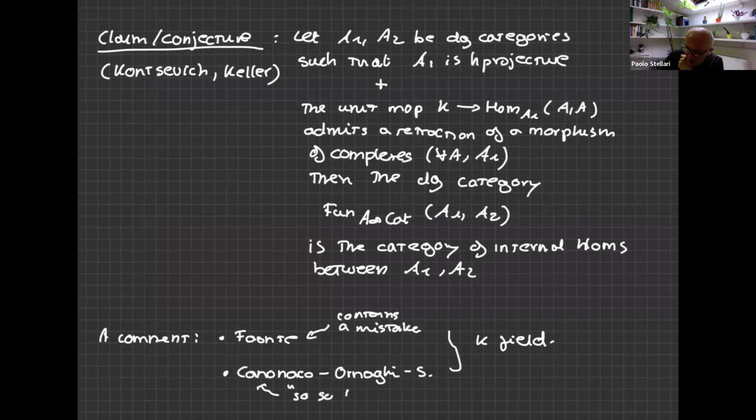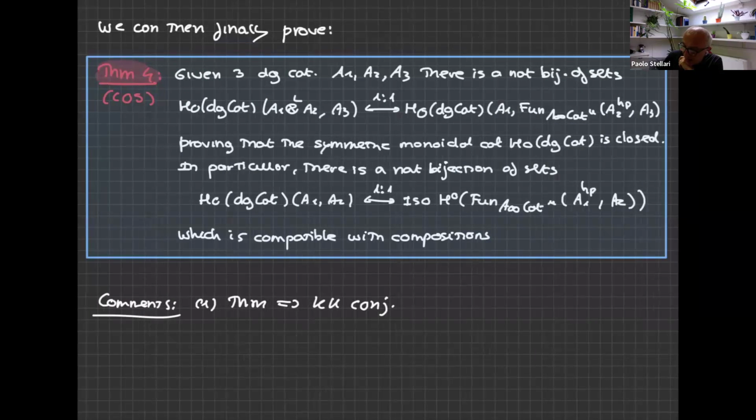The difference between the conjecture and our result is that the category of internal Homs is realized as a category of strictly unital infinity functors, while here we are taking the category of unital infinity functors.